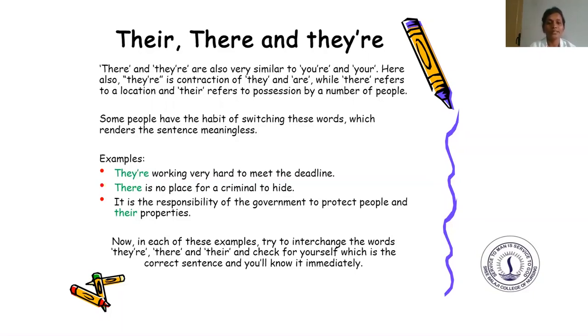They are working very hard to meet the deadline. There is no place for a criminal to hide. And the third is, it is the responsibility of the government to protect people and their properties. So their, here, it refers to a possession by a number of people. Now, in each of these examples, try to interchange the words they're, there, and their, and check for yourself which is the correct sentence, and you will note it immediately.